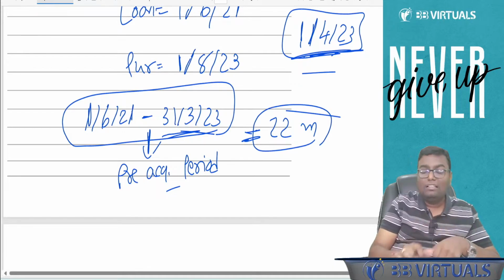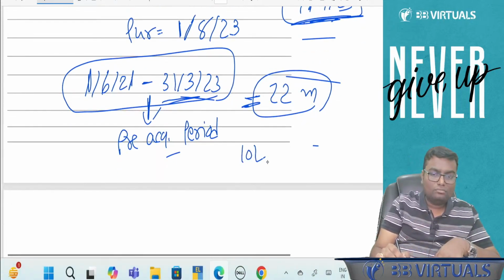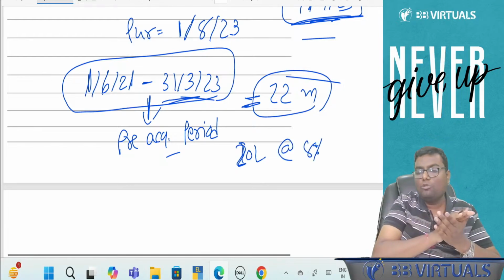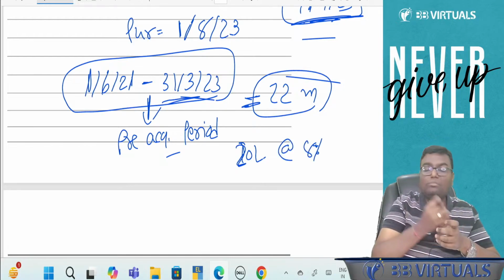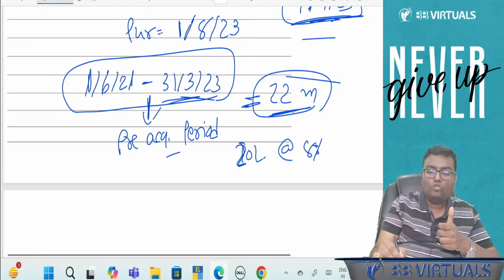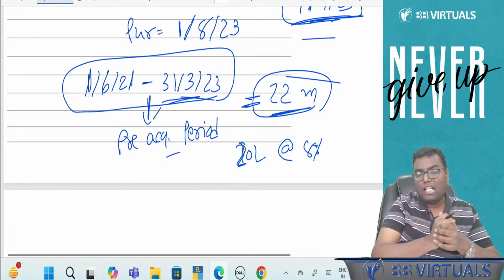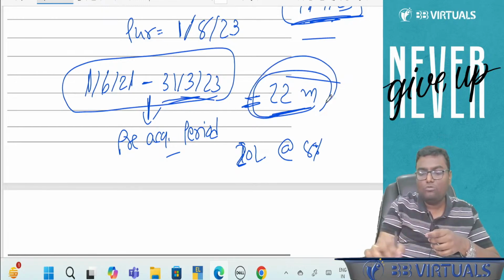Let's say my loan is rupees 20 lakh at the rate of 8%, and let us assume no principal is repaid. What will be the total interest of this 22 months that I have paid but I have not claimed any deduction?